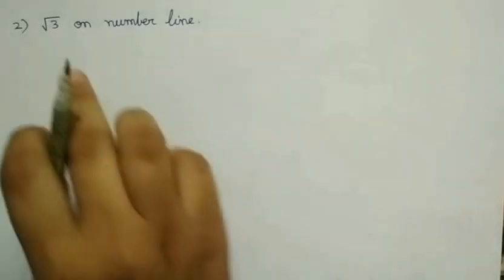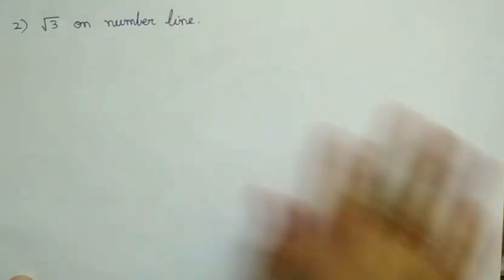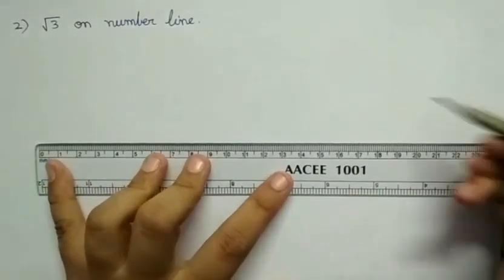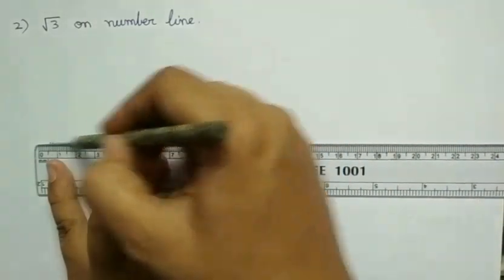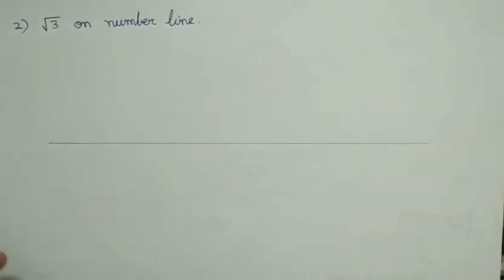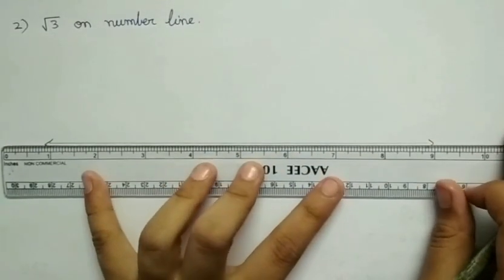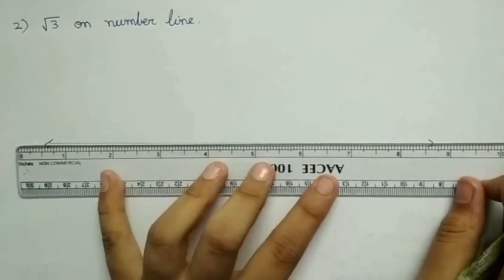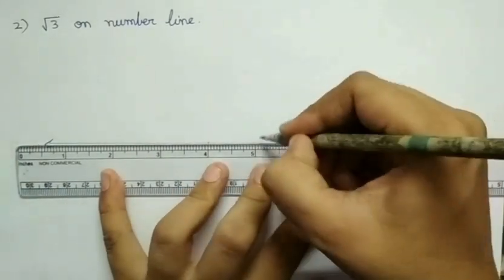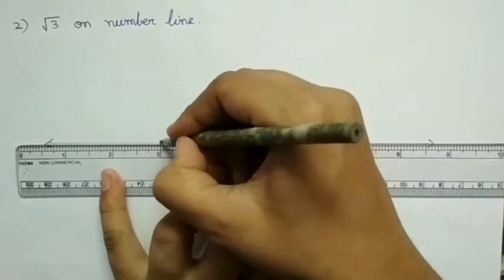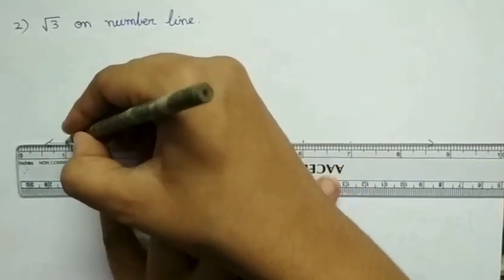Now, let's draw the number line to root 3. First, we need to draw a number line, a basic one. And we need to mark 0, 1, 2, 3, minus 1, minus 2, minus 3.